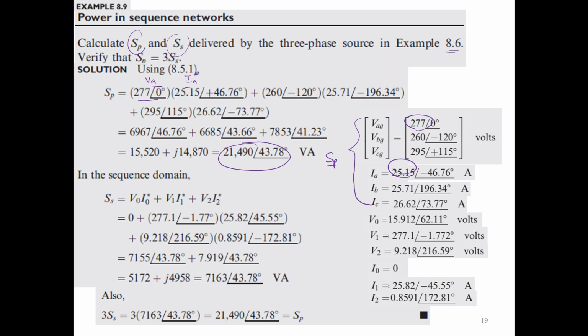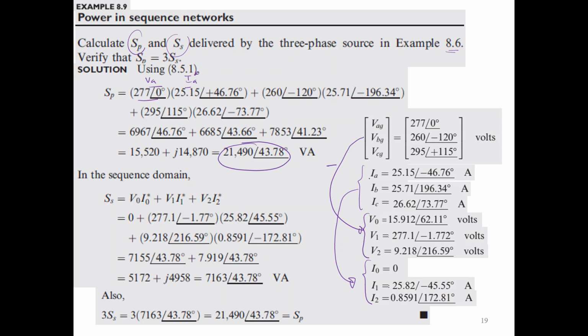In order to achieve this sequence domain, you need to transform the voltage, VAG, VBG, VCG, to this V0, V1, V2, right? This is what you have achieved. And also, you need to transform IA, IB, and IC in order to have these three lines.